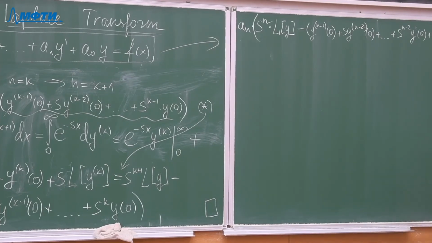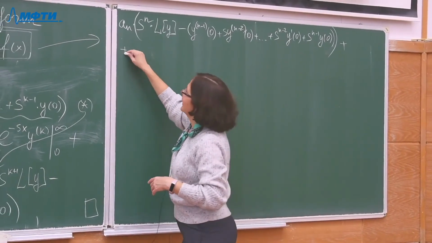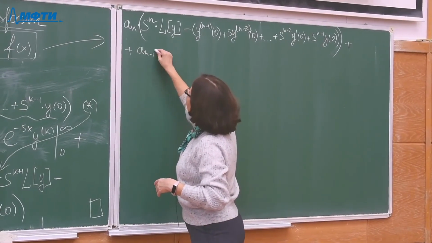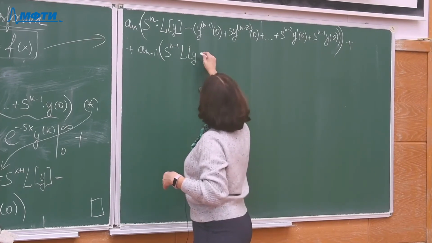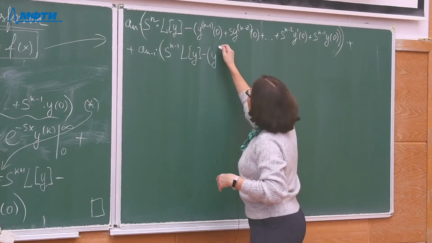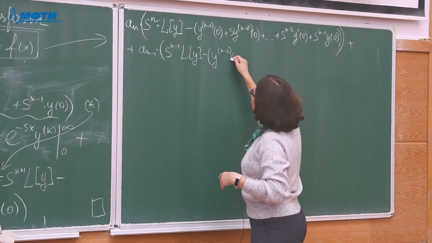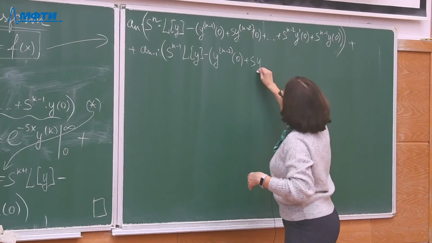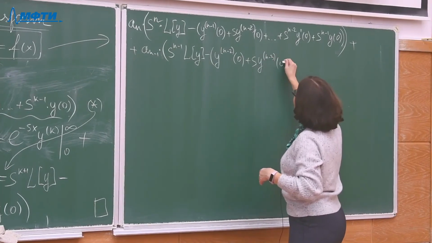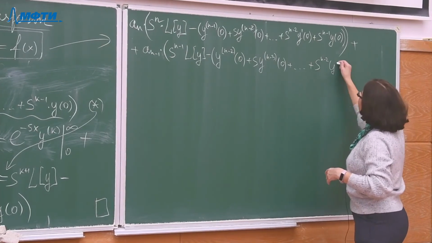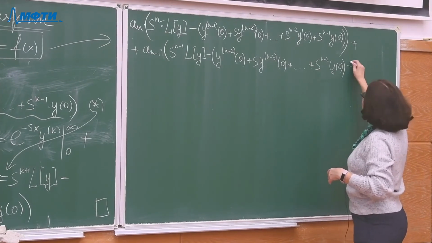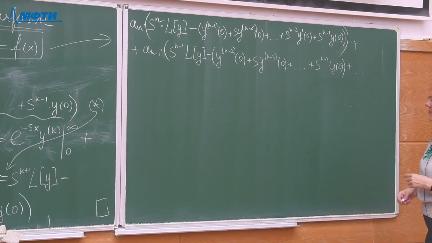Okay, so this is just the first part. Next would be plus a_(n-1) and the same, s to the power n minus 1 times L of y minus y^(n-2) of 0 minus s y^(n-3) of 0, up to s^(n-2) y of 0, right?